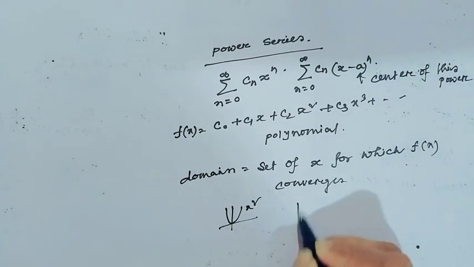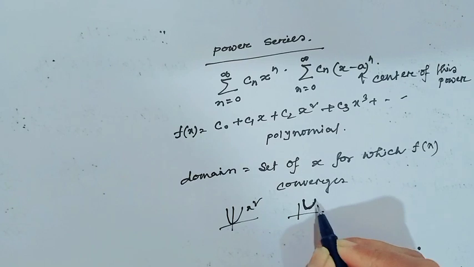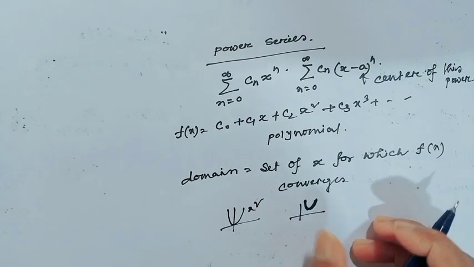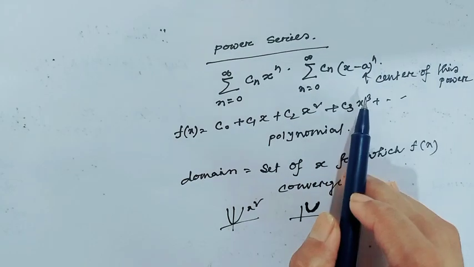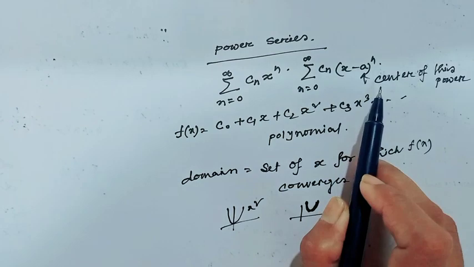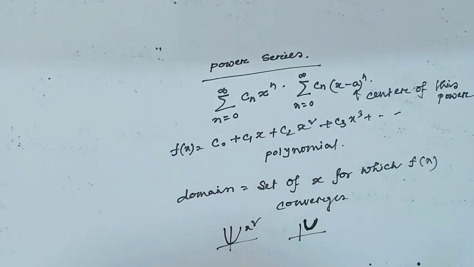This is a polynomial, but if we take a different graph, then the center would be different. So a power series actually is represented as Cn times x minus a to the power n, where a is the center of the power series.